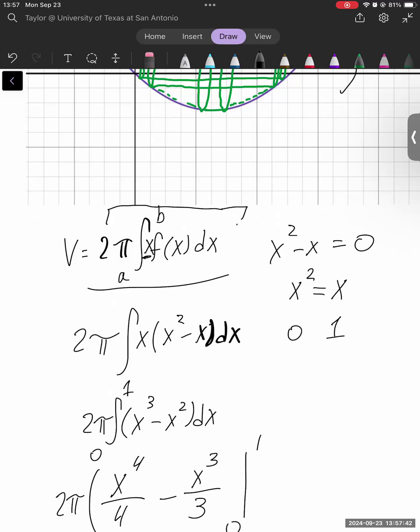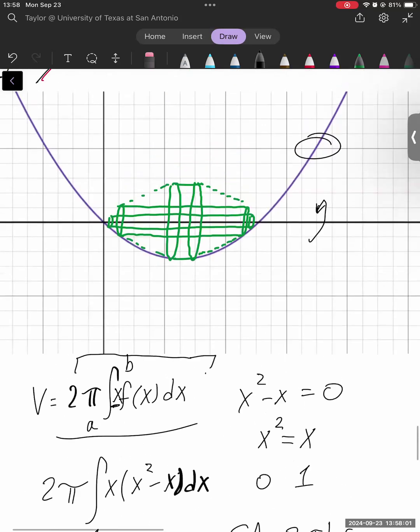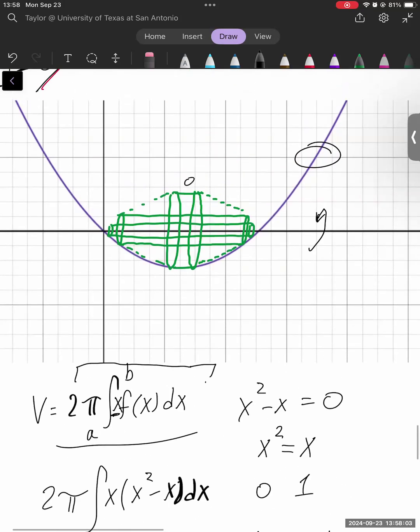So the formula for the surface area of a cylinder is SA equals 2 pi height times radius, I believe. So x will always be this distance here, right?